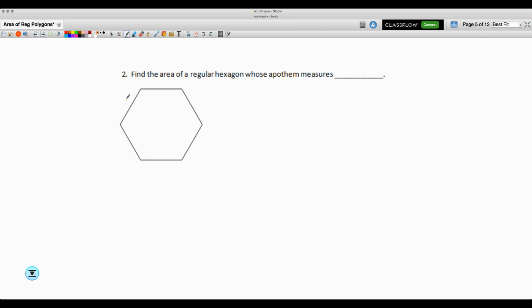All right, let's look at number 2. It says find the area of a regular hexagon whose apothem measures, let's say, 8 square root of 3 centimeters. Okay, so when you're trying a problem like this, you don't really have to draw the whole hexagon. If it's a hexagon, what's the number of sides? It would be 6. So we know n is 6.